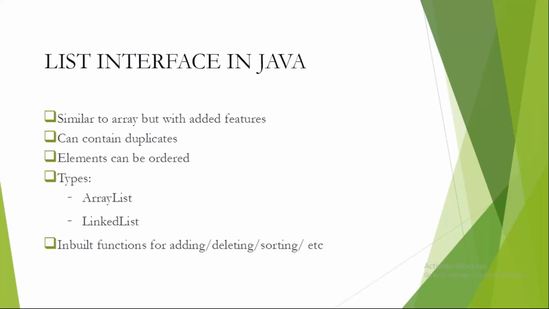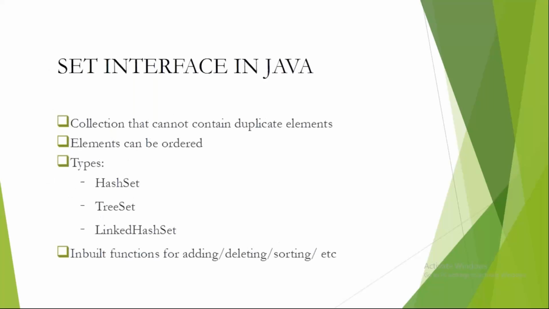Just call that sort function with the parameters it requires, and your list is sorted, whether it is a list of numbers, strings, or objects. There are two major types that we'll be seeing: array list and linked list. We already have inbuilt functions for adding, deleting, sorting, and a lot more major tasks.